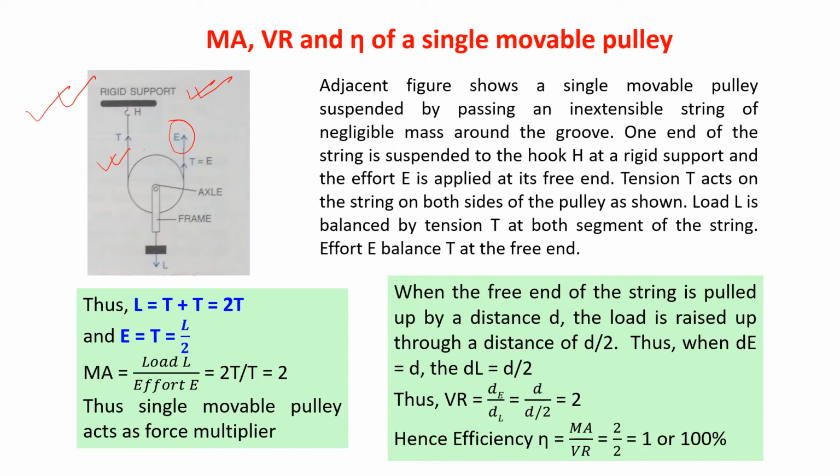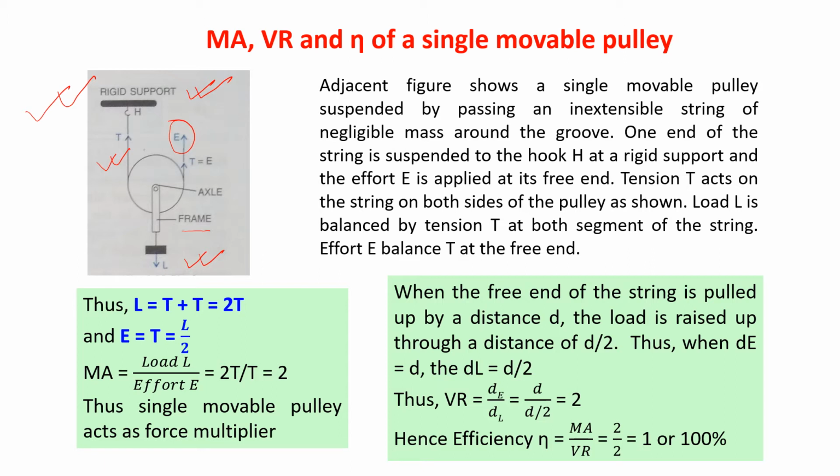With the help of a frame from the pulley, the load is suspended and the load is acting vertically downward. Now in this figure you can see that the load is supported by the string from both sides.